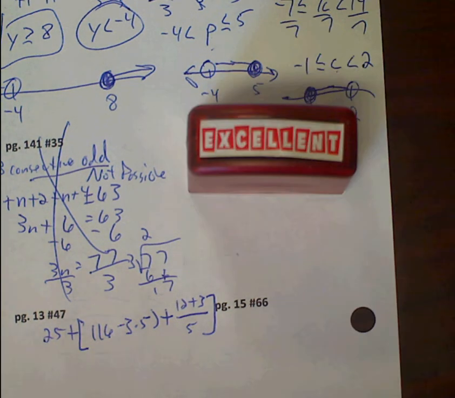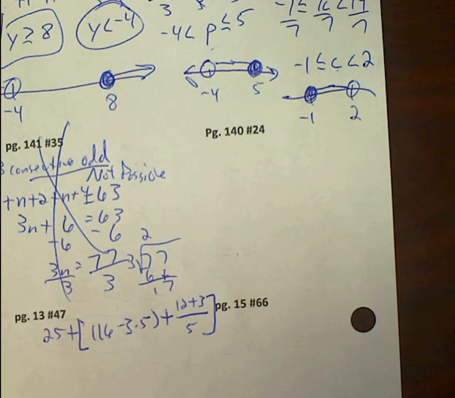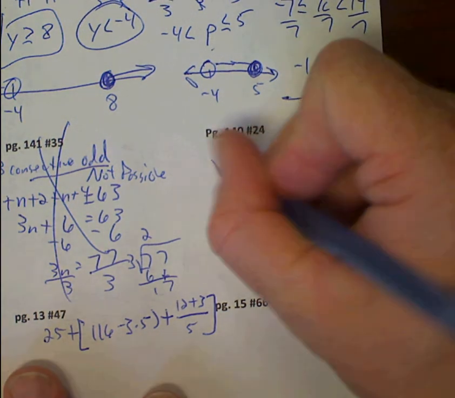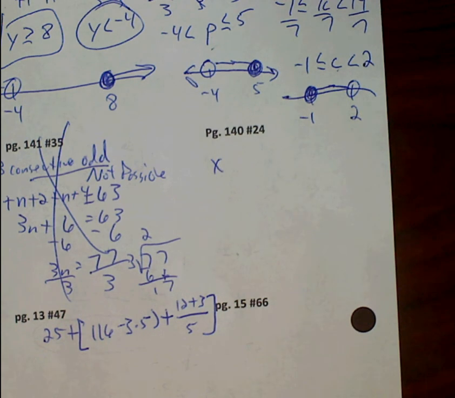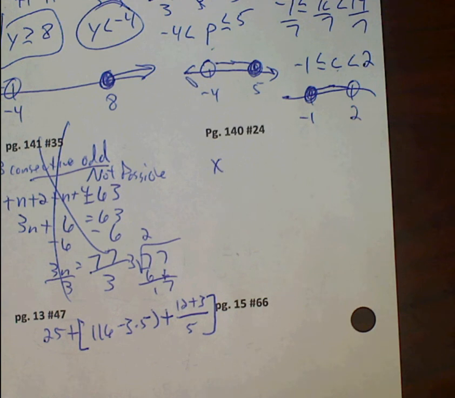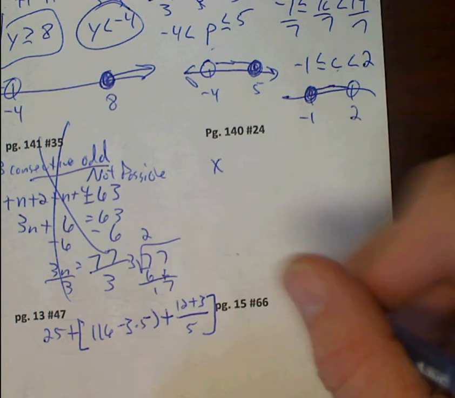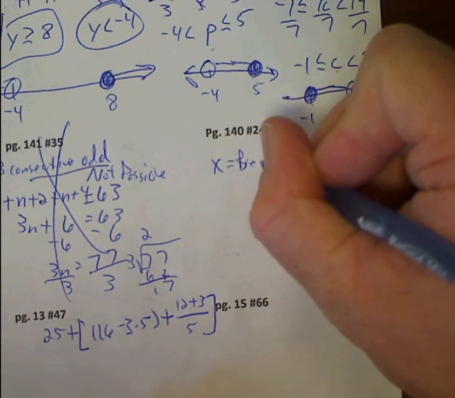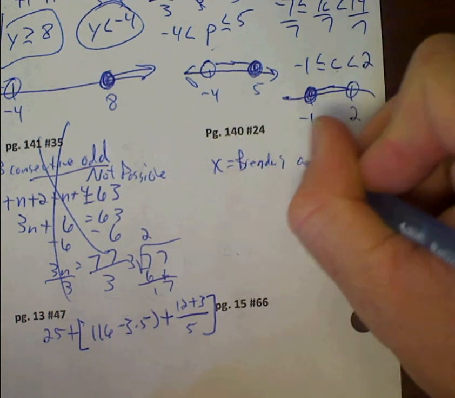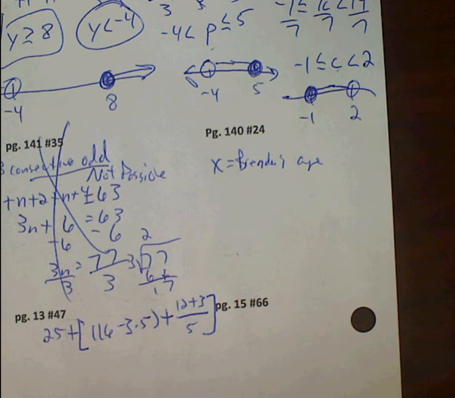Page 140, number 24. Pause the video and try. Here is my word problem. I have to identify my x first. Brenda's age equals x. Every time I see Brenda's age, I'm going to put my variable in.